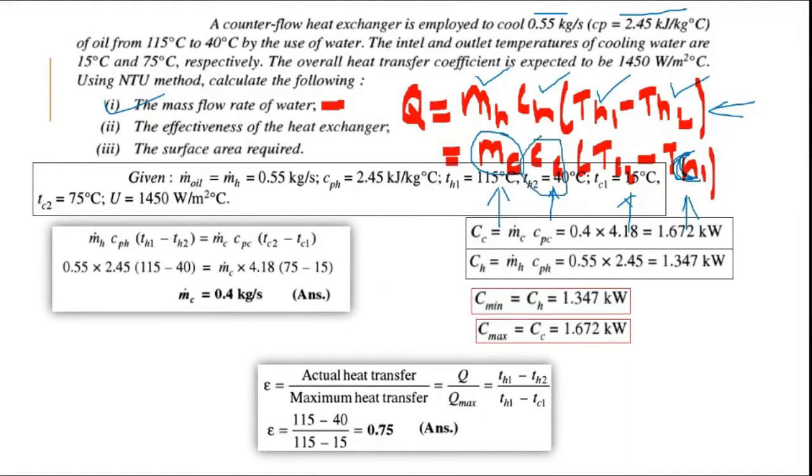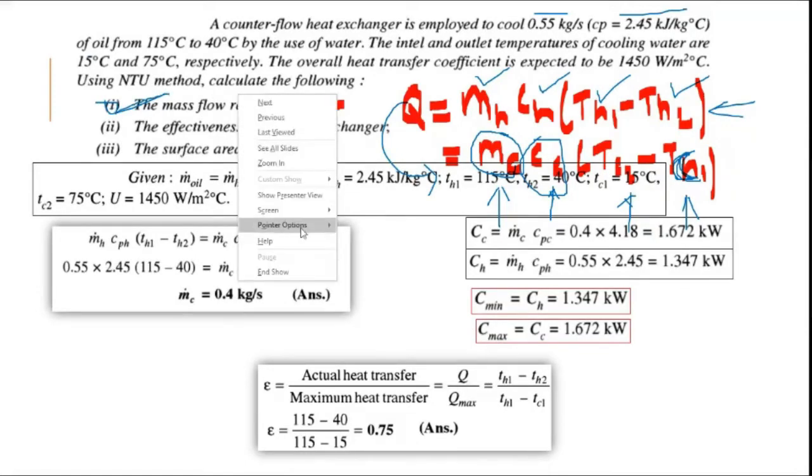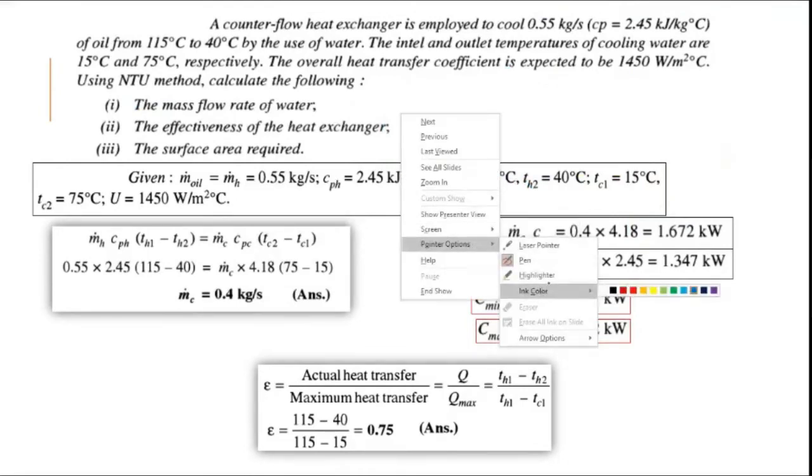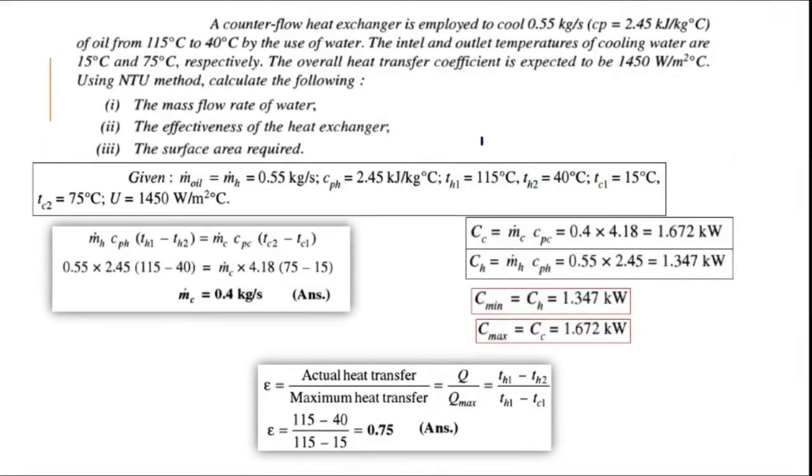So in this particular equation, when we equate these two for the rates of heat transfer, mC is the only unknown. So we can find out the mass flow rate of the cold fluid, or the mass flow rate of water over there. Is that part clear? Yes or no? Yes, sir. Okay. So here they have done the same thing.